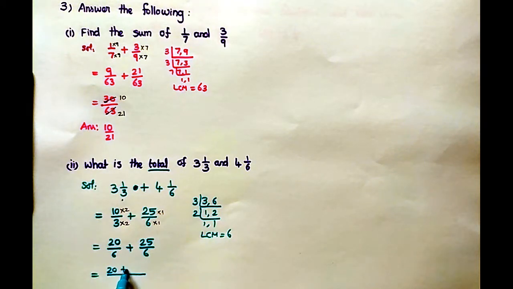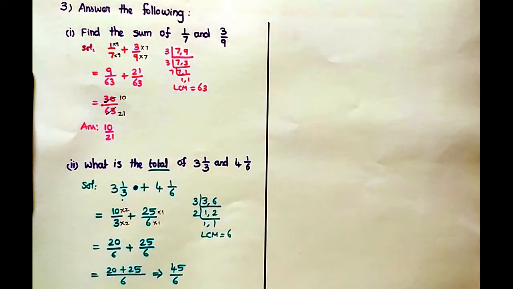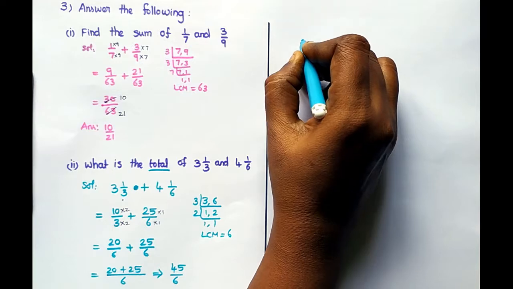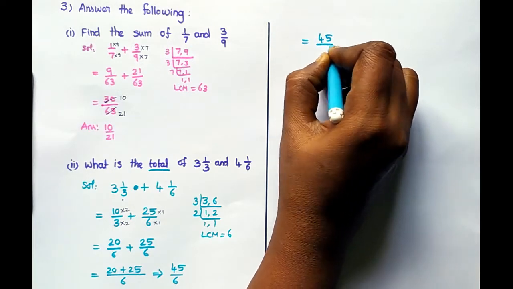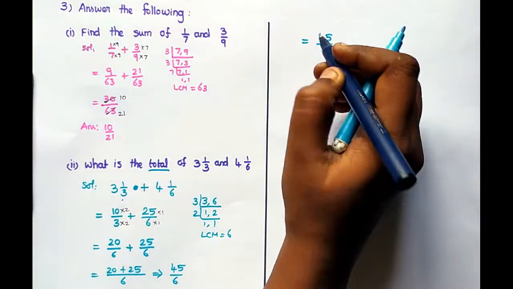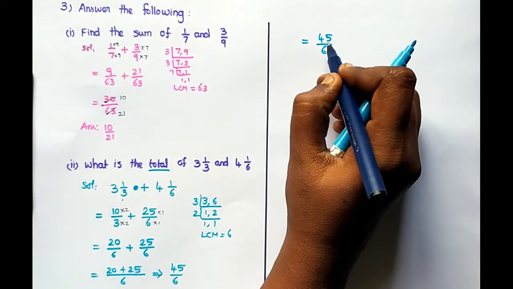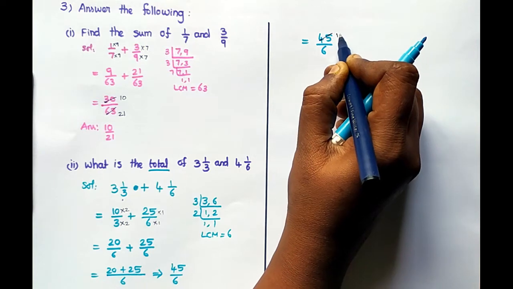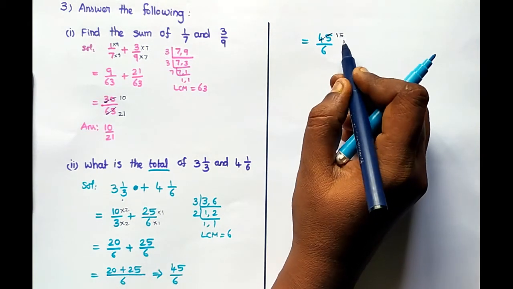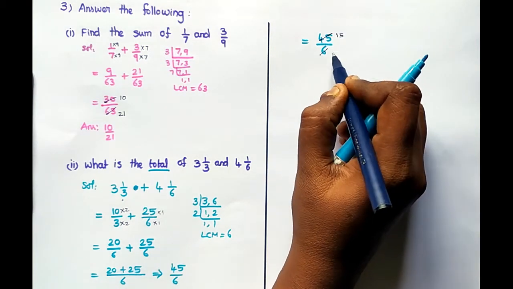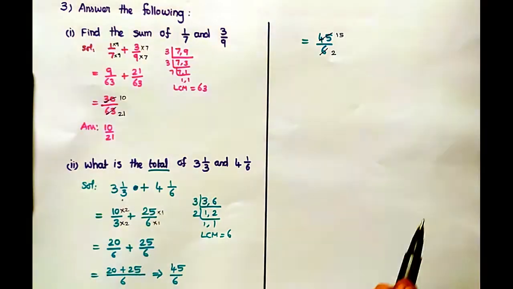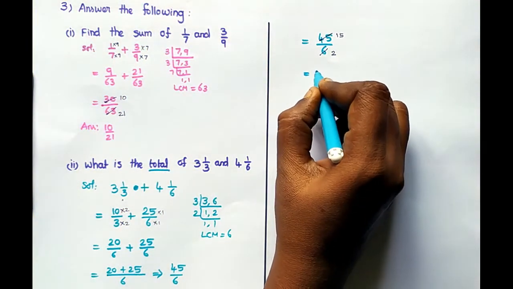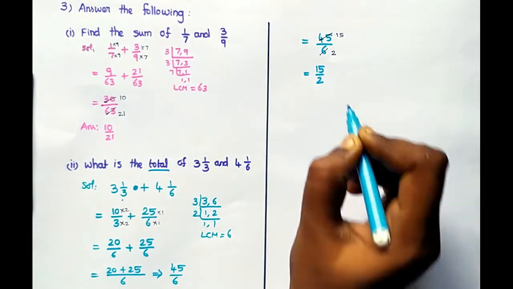So 20 plus 25 is equal to 45 by 6. 45 by 6. First cancel these numbers by third table. 1 3 is 3, balance 1, it becomes 15. So 5 3s are 15. So 15 3s are 45. Here 2 3s are 6. So 15 by 2.